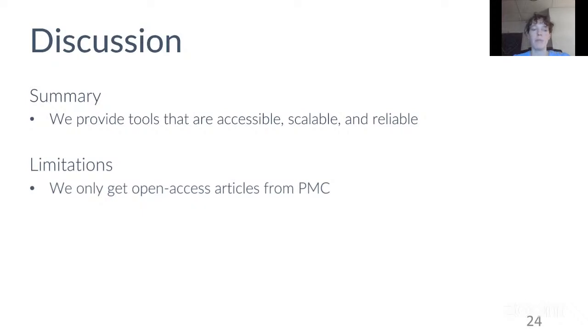But it means if you want to get all the relevant articles, then this tool won't be able to do that for you. On the other hand, if you only need a representative sample of articles in order to make some kind of inference, like the median number of participants over time, then this tool should be good enough.